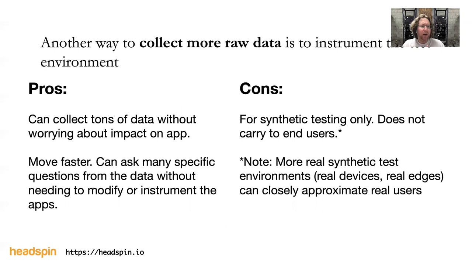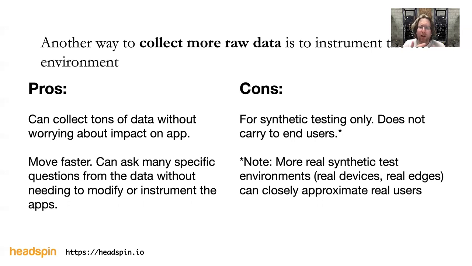And one of the key advantages of instrumenting your test environment versus instrumenting your app is you can collect a ton of data this way using automated tests without worrying about the impact on the app. So you can really upload as much data as you have instruments for, because you're not bundling any of this into the application logic itself.